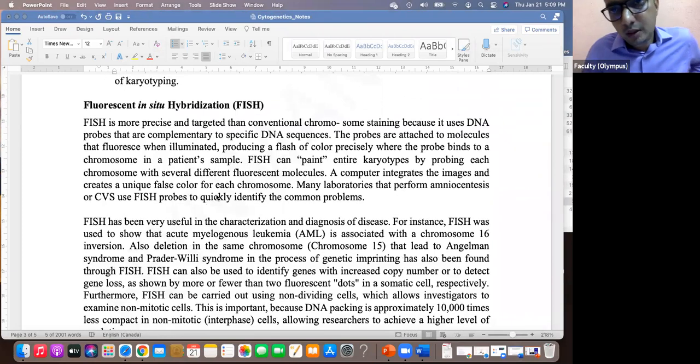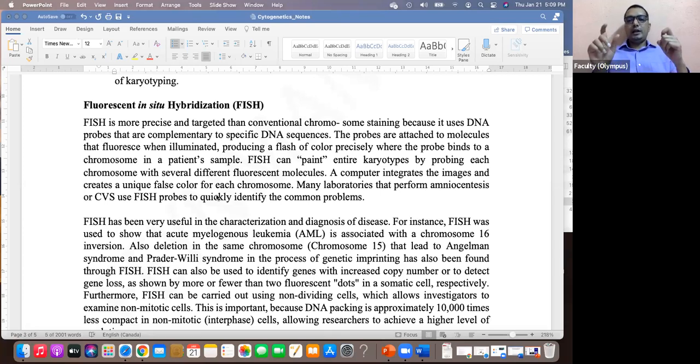Do you remember how FISH works that we discussed in the gene mapping method? Here, two things that you have to remember. FISH refers to a fluorescent tag attached to a probe. Right? Remember, I was talking to you about a complementary sequence. Let's say you want to identify a particular region on the chromosome.